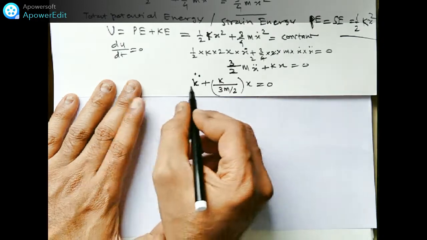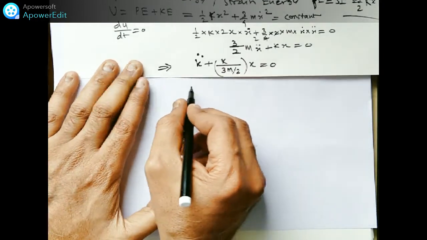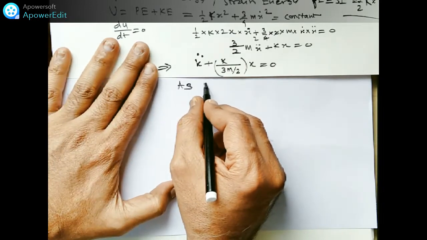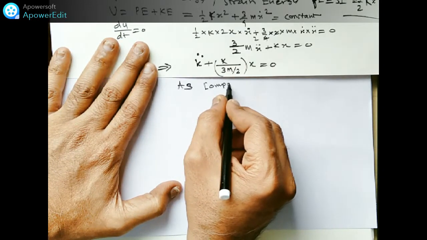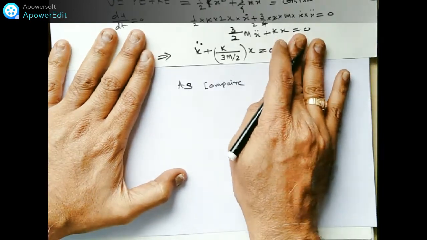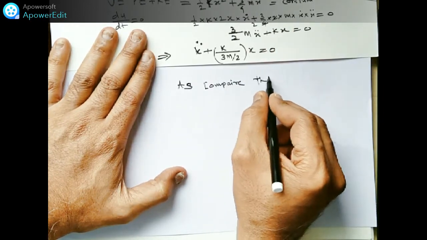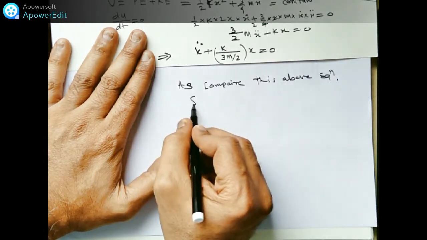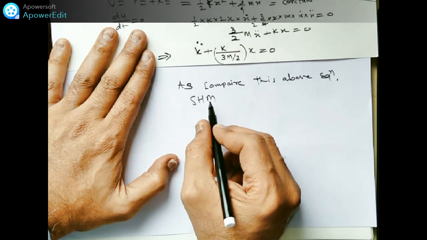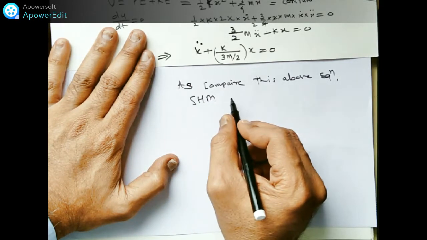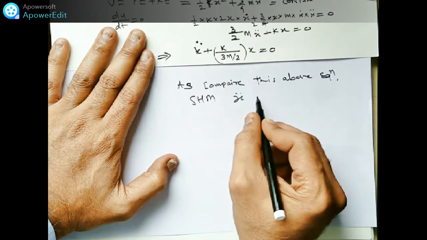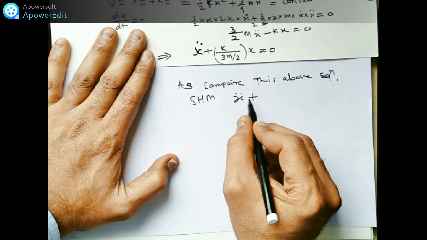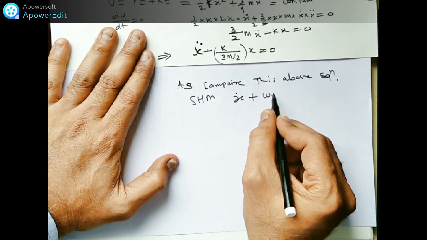Compare this equation with the SHM equation, the equation for simple harmonic motion: x double dot plus omega n square into x is equal to 0.